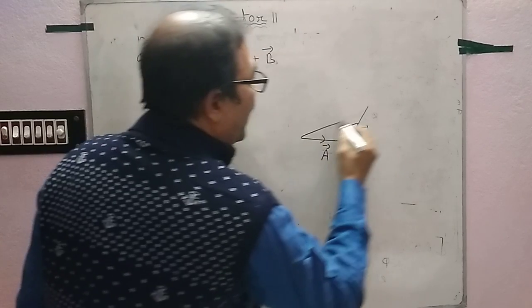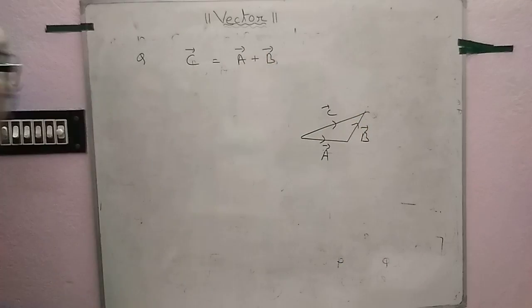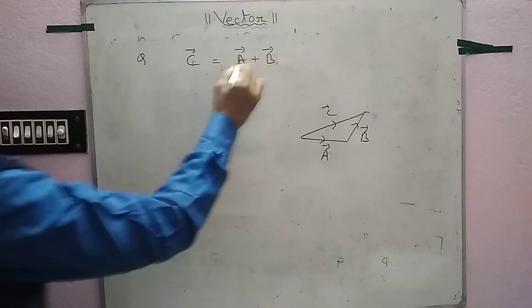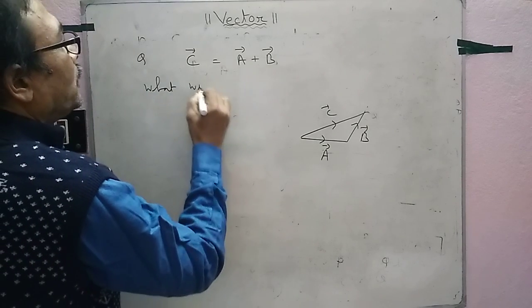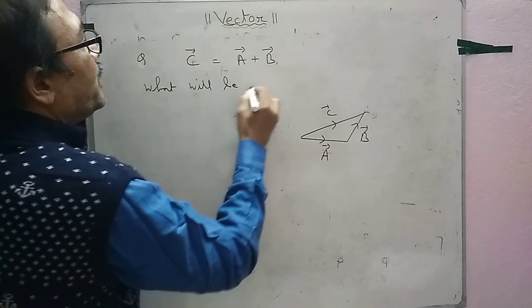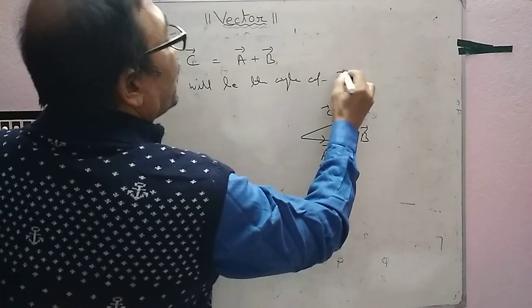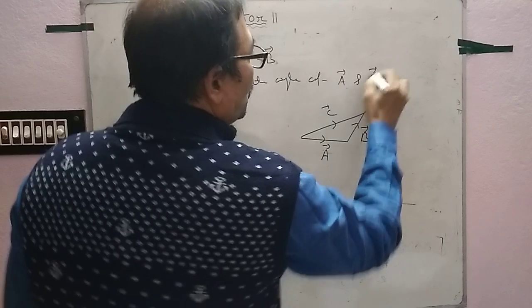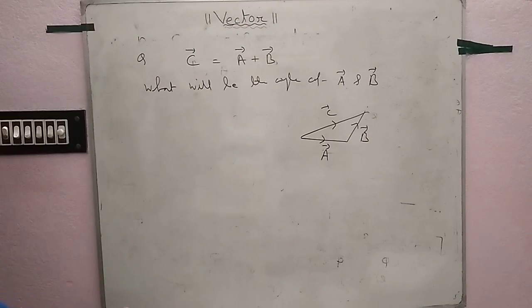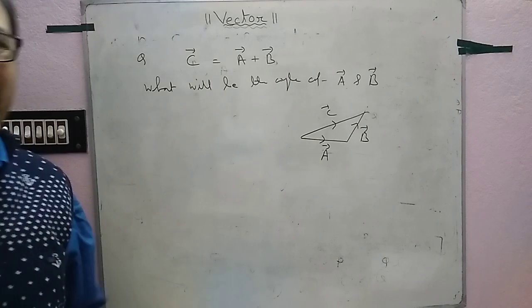So according to triangular law, this is C vector taken in opposite order. So with this condition, what will be the angle between A and B? আর A and B vector মধ্যে angle কত হবে?